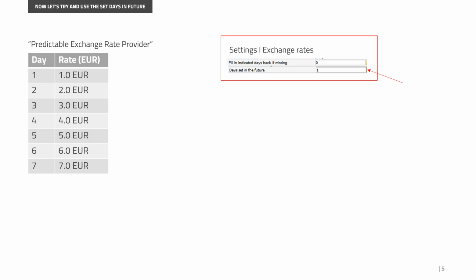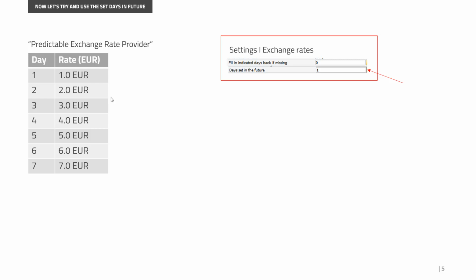Now let's switch to one of the two features. I will show the one feature, the other feature, and then the combination of those two features. So 0 was simple to understand. Now it becomes slightly more complicated because we have set days in future equals 1, meaning 1 day. What that means is a bit counterintuitive, but it actually made sense back in January 2012, because on Fridays you needed to set some Saturdays and Sundays.